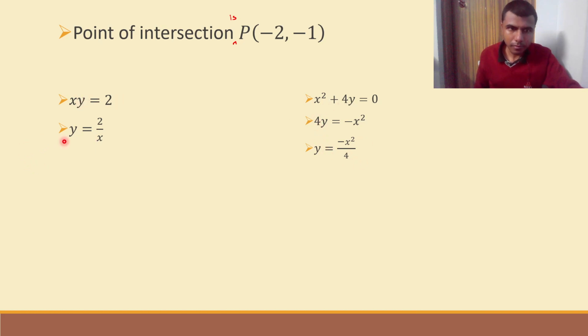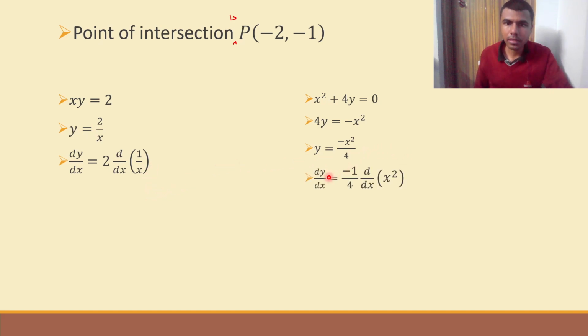Now y is 2 by x. dy by dx is nothing but 2 into derivative of 1 by x. I differentiated both sides with respect to x. 2 is a constant, so it comes out of the derivative. I hope this step is clear. Likewise, for the second curve, dy by dx is minus 1 by 4, a constant, and then the derivative of x square.